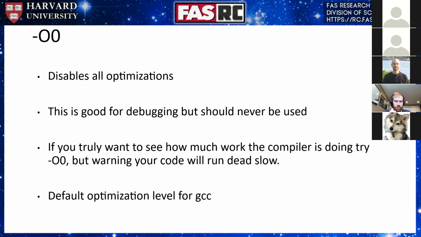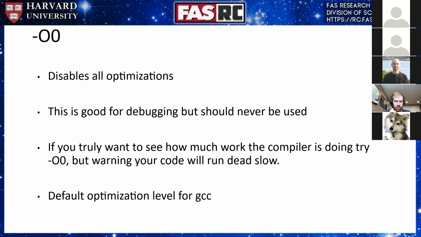Just don't do it. If you want to truly see how much work your compiler is doing, try running your code at O0, and your code will run crazy slow. I can guarantee this. I've done this before. It's kind of fun to watch because you'll see the marked difference between this level of optimization and just the next level up, the O1. It's about a factor of 10 to 100 in terms of speed.